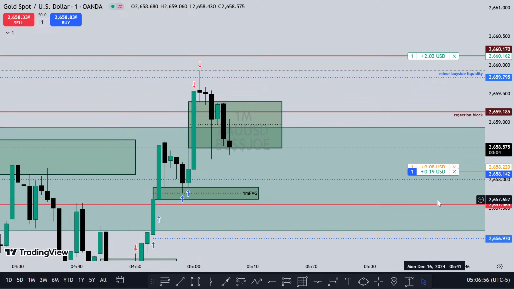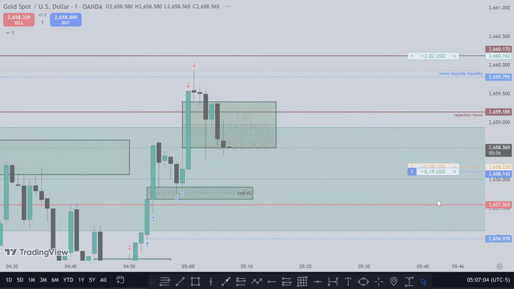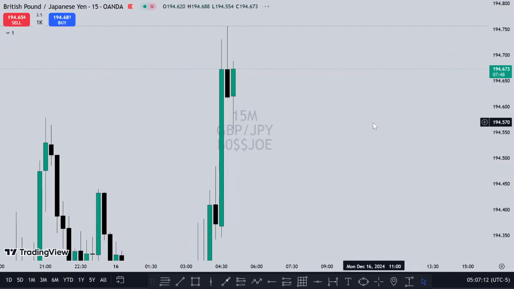Okay, let's go back to GBPJPY. There's a 15 minutes.